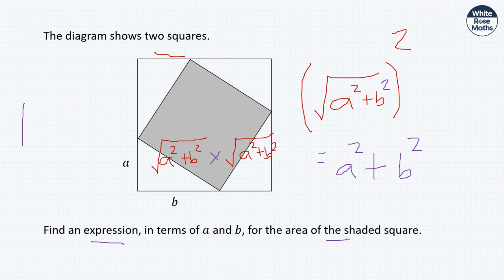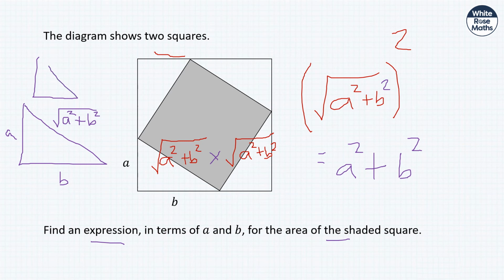So remember the formula, guys, for Pythagoras' theorem. If that's A, that's B, this length here will be the square root of A squared plus B squared, guys. In your formula book, it would label this here as C. So C in this context is the square root of A squared plus B squared.